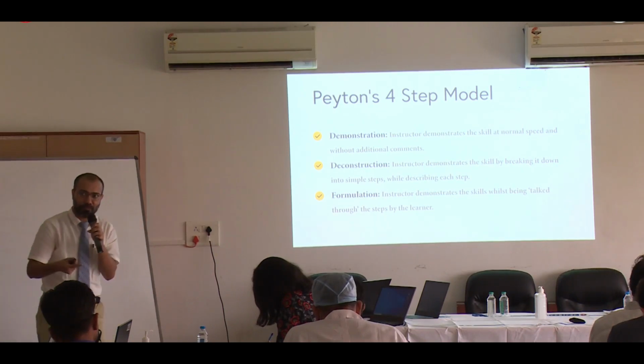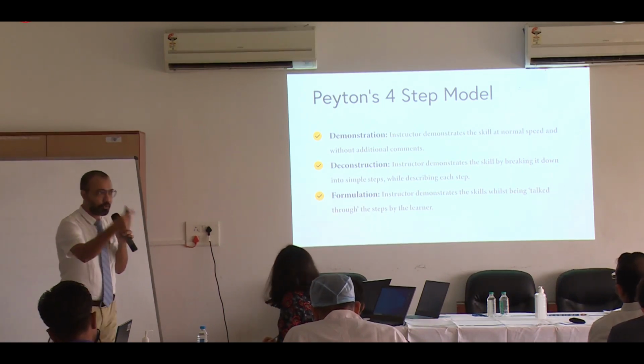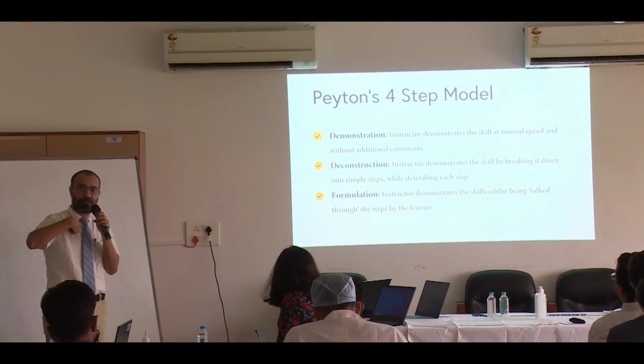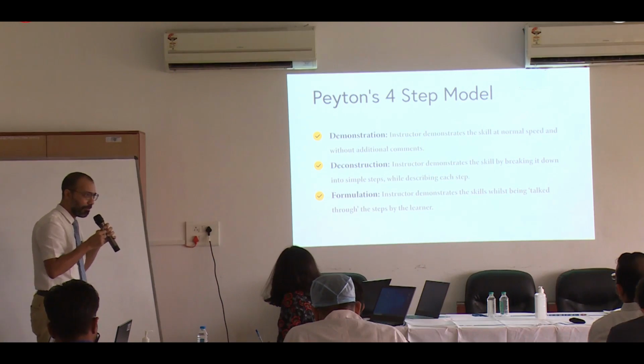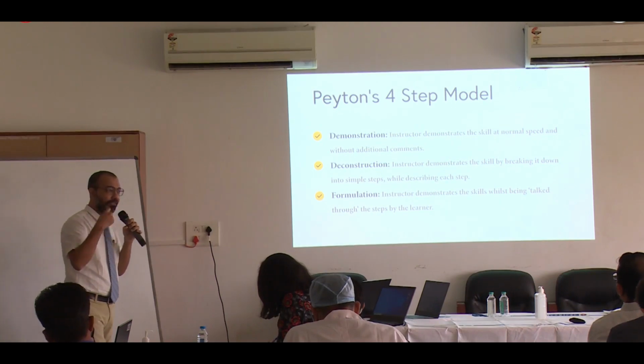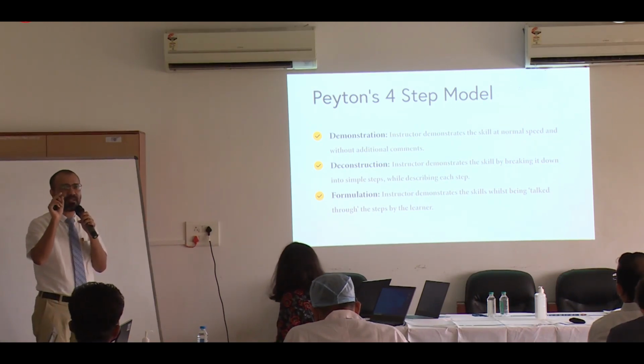So demonstration, deconstruction. Third step is formulation. Again the instructor performs the skill, but this time the learner will dictate to the instructor. So I will not do it on my own. I'll just say, do it as I say. Okay, so that is where I will be just obeying whatever he tells me. So there is some leeway.